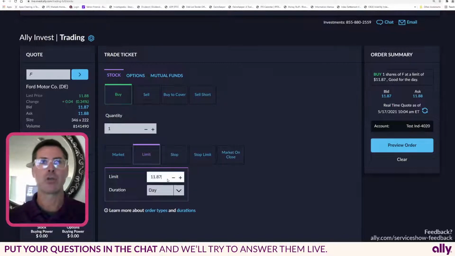In that case, you can use the plus or minus. Or in this case, what I'm going to do is I'm going to skip right down and just type in 11.00. Now what we've got is in order to buy one share of Ford Motor Corp, only if it goes down to $11 or lower.